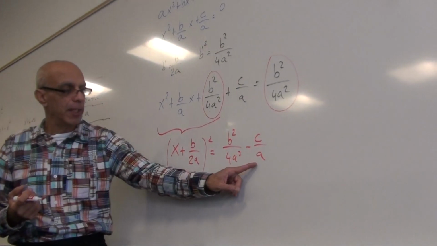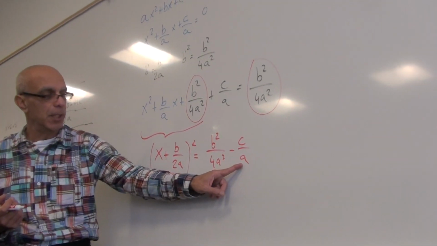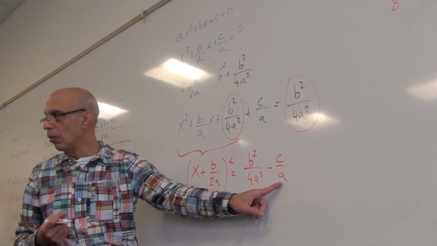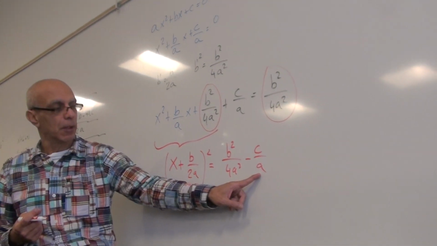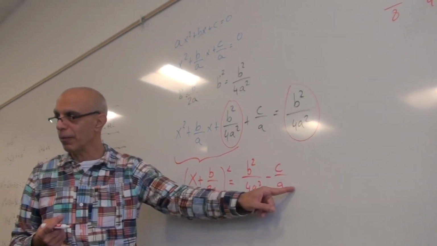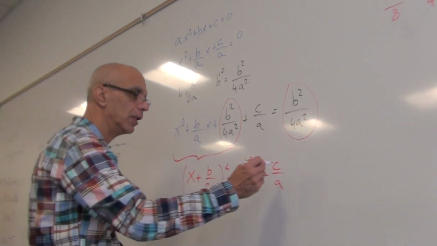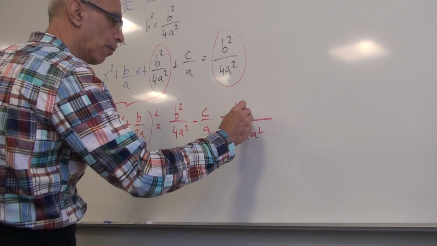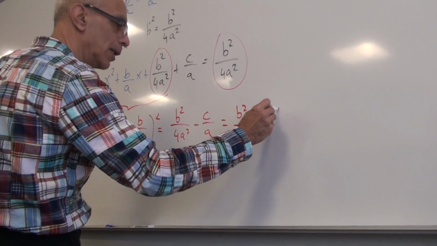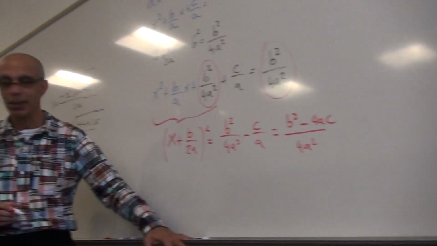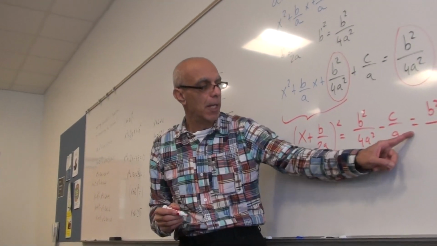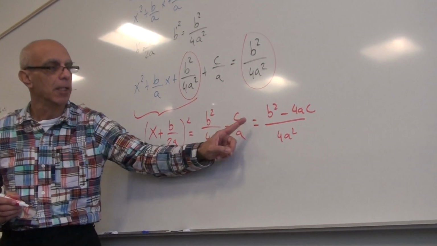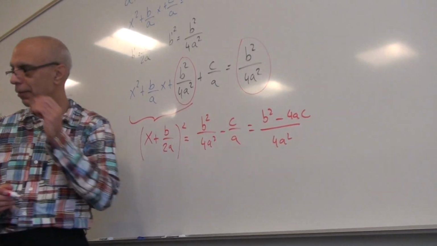I need to have 4a squared here. In order to have 4a squared here, what do I need to do? I need to multiply by 4a, top and bottom. So I need to do b squared over 4a squared minus 4ac over 4a squared, because I multiply 4a here, so I have 4a squared, and on the top I multiply by 4a, so now I have 4ac.